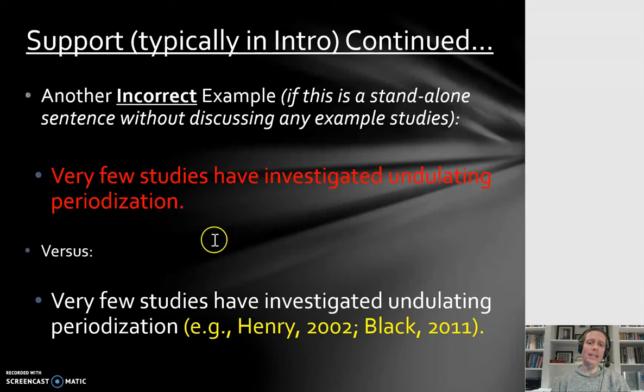However, you can't have this as a standalone sentence, because if you're saying very few studies, then what are those few studies? If you don't go into talking about those studies individually, then you need to have a citation for that. So make sure that when you're making any claims, you have citations. Don't just assume that the reader knows, because they don't.